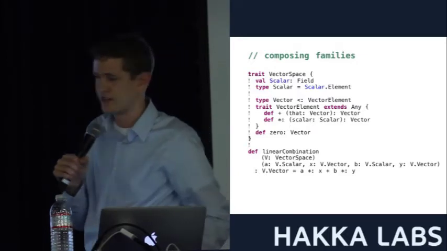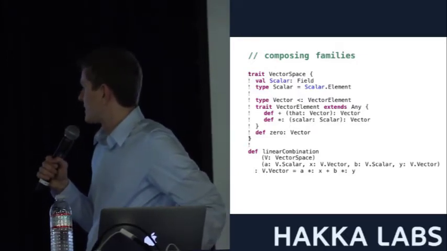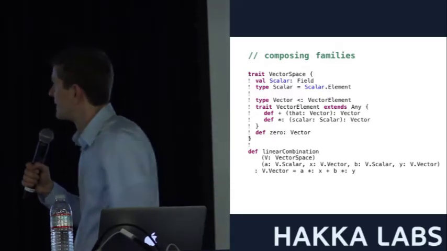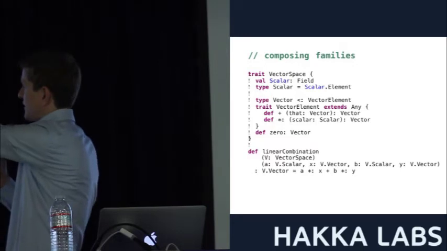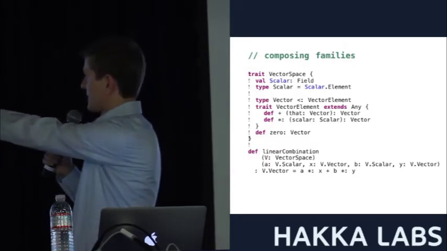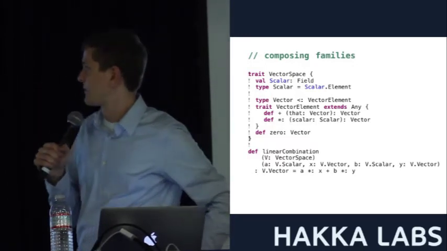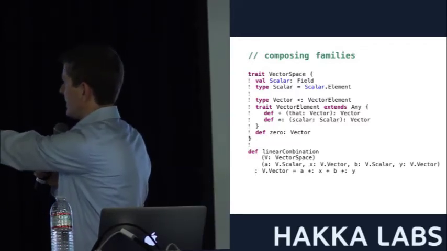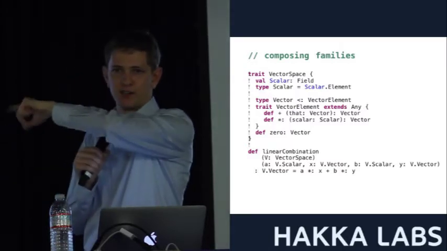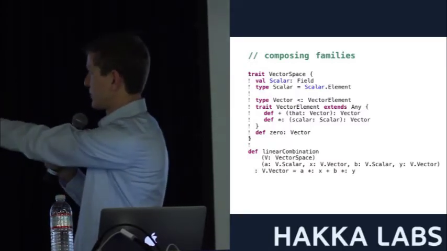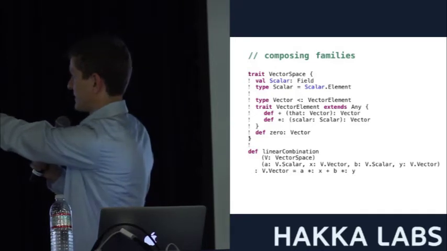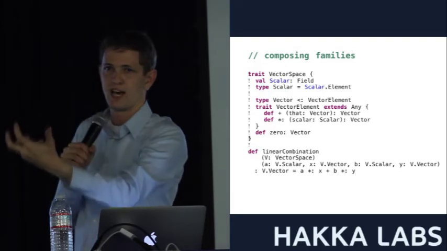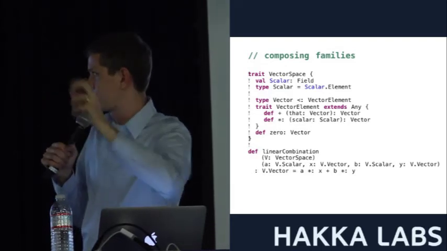That's an implementation detail. So we're going to use path-dependent types here on this val scalar, and we're going to alias. Scalar is that field interface from the previous slide, and it has an abstract type called element. We define just the type alias here to make it easier to work with. Everywhere that you see scalar as a type, it refers to this scalar.element, a type that's dependent on this path, which is a stable value called scalar.